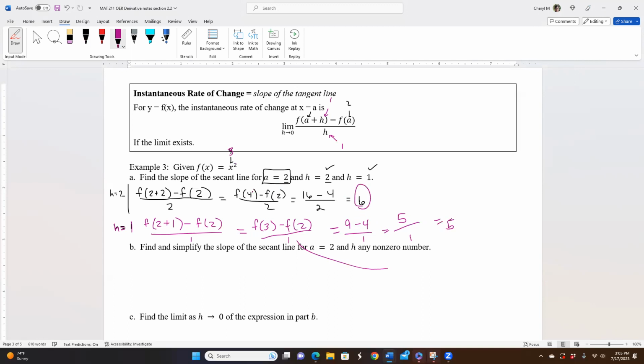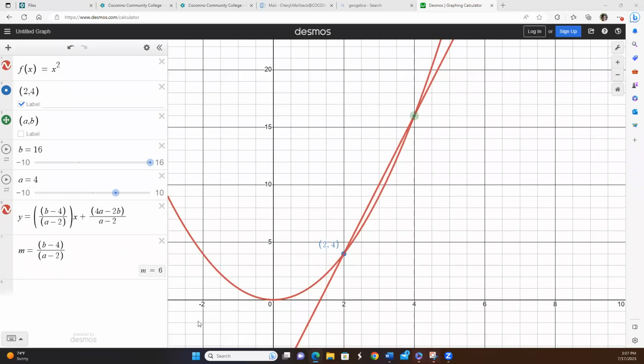So this means that the slope of the secant line from 2 to 4 is 6, and the slope of the secant line from 2 to 3 is 5. Let's look at this on a graph. Here we see our original point when x is 2, or when a is 2, the y value is 4. And then we wanted to go 2 units to the right because it said a plus h, and h was 2.